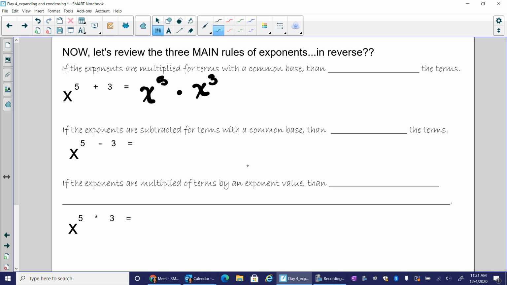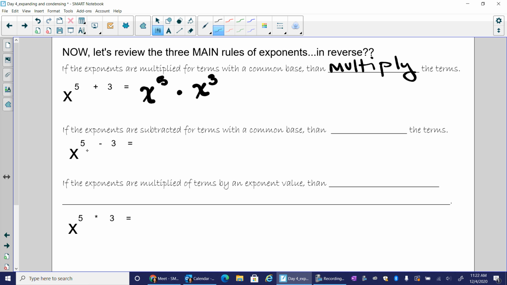So the original terms were multiplied. If we are adding the exponents, then the terms with the like base were being multiplied. Let's look at the next example.